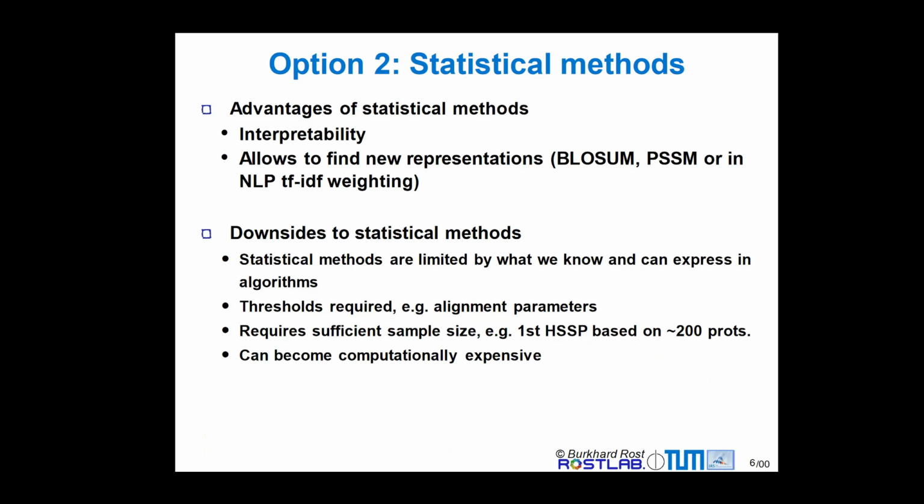So just a short summary of this second way of representing our data beyond the handcrafted features, the statistical methods. Again, an advantage is that they are easy to interpret. So we can easily understand why a certain alignment method, like Smith-Waterman alignment, had a certain score.